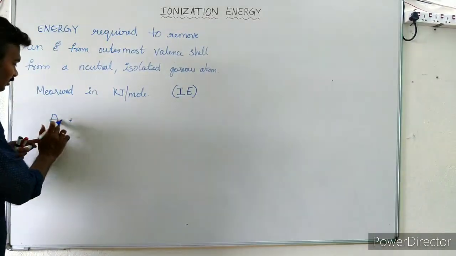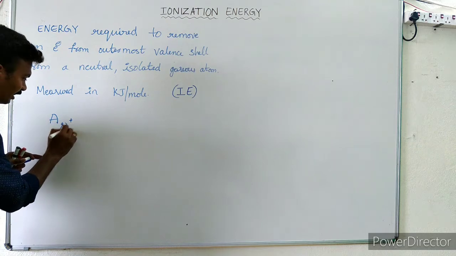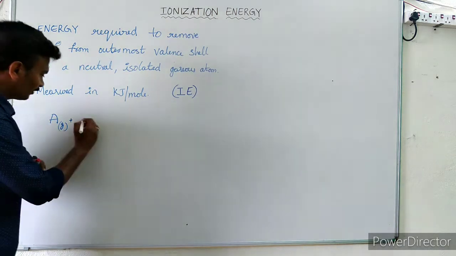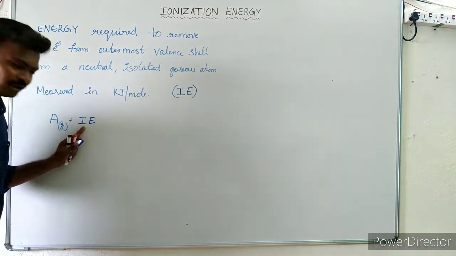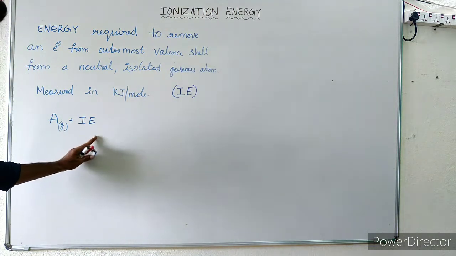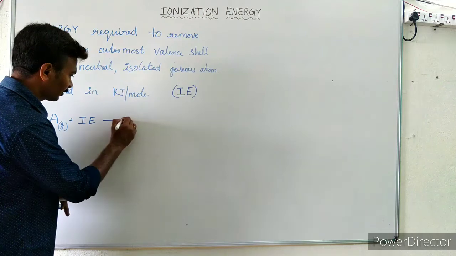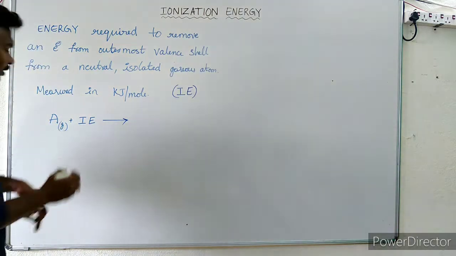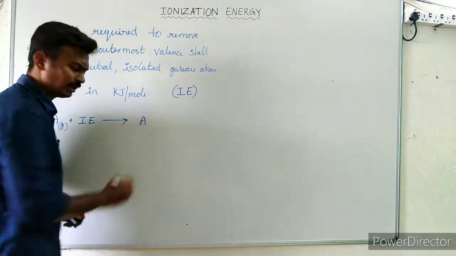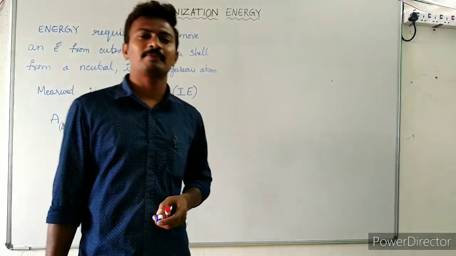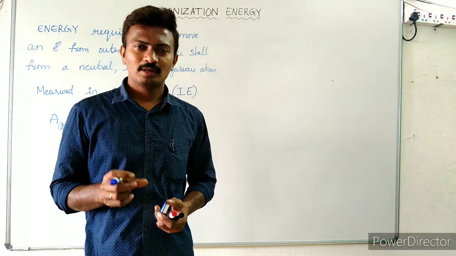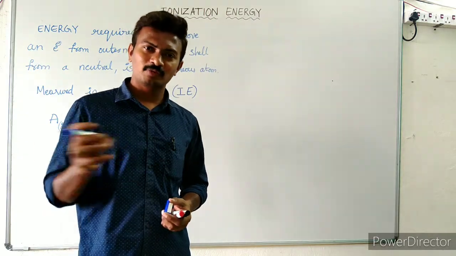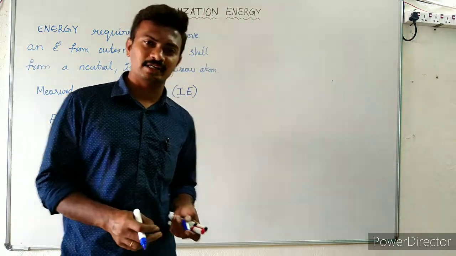Let us assume this is a neutral gaseous atom, and from here we are removing an electron. For that we need some energy. That energy we call ionization energy. As we discussed in our previous videos, an ion is formed either by removing an electron or by adding an electron.